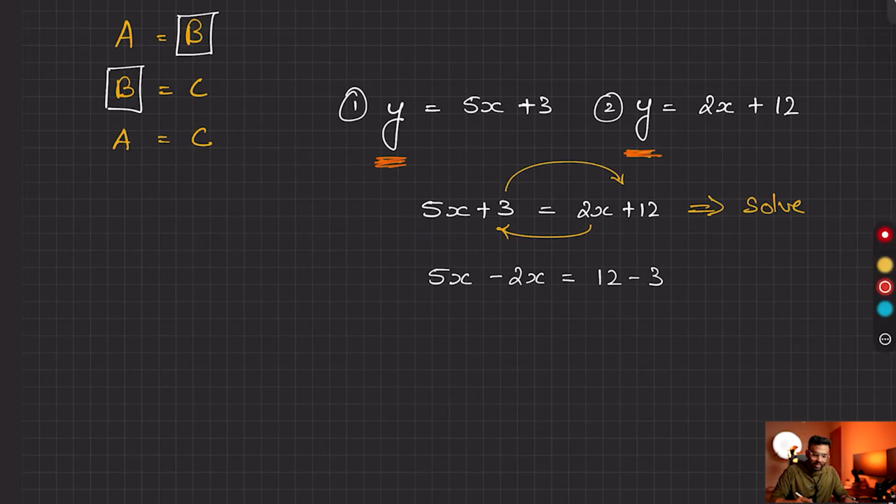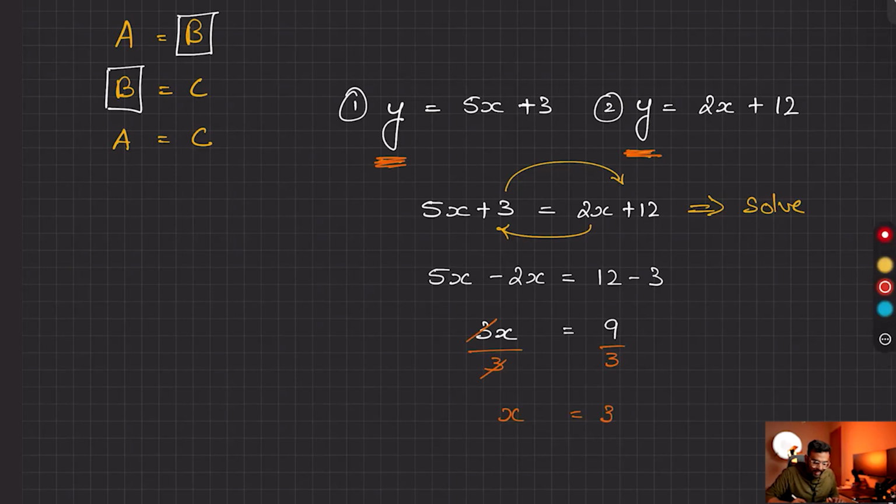And remember, when a term goes across the equal sign, or the bridge as I call it, the sign will change. So this is going to be 3x equal to 9. Then we divide both sides by 3 to get x on its own. The 3 and the 3 cancel. x equals 9 by 3, which is 3. Everyone happy?